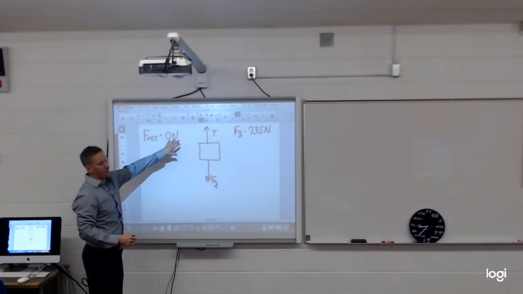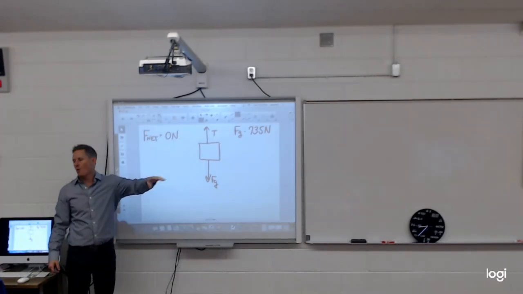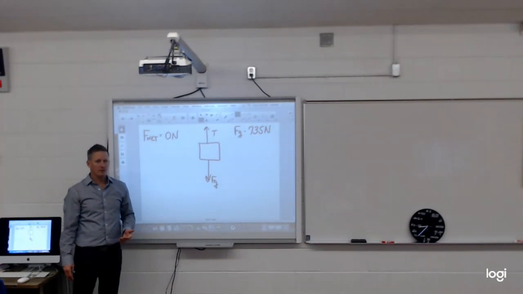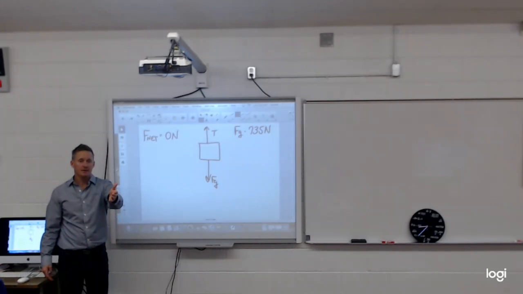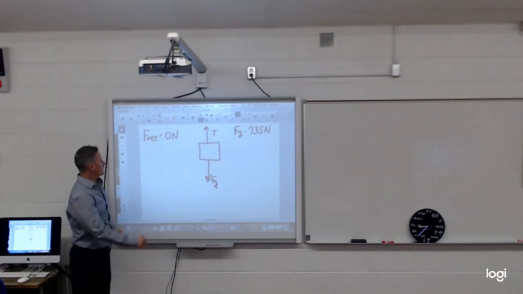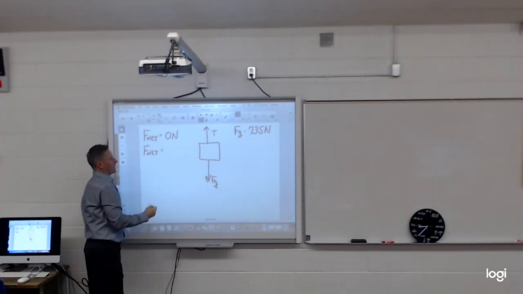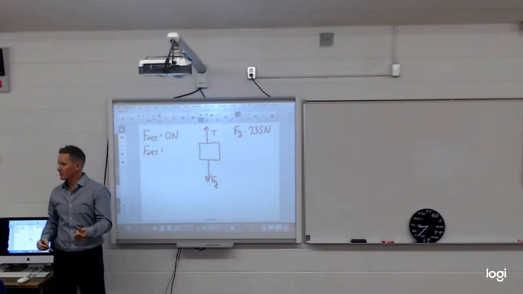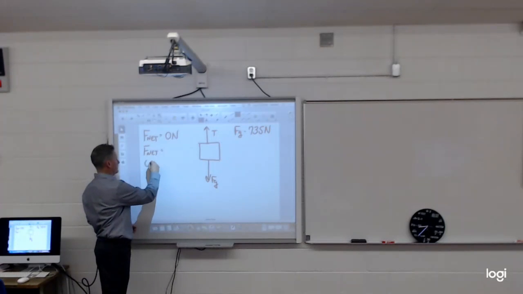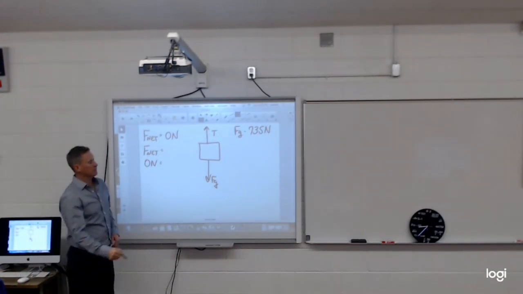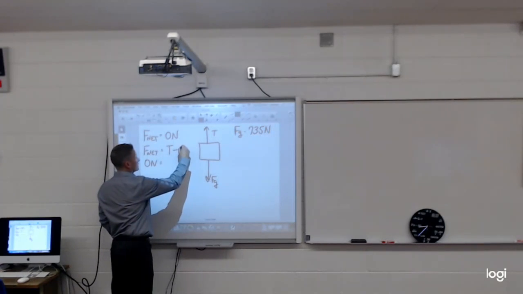All right, now, here's the thing though. We know the net force is 0 on him. But what we want to do is find out what the actual force holding him up is. It's just the tension, right? So we look at it like this. The net force is equal to, we know the net force is 0, we just solved that. So we go tension minus the force of gravity.